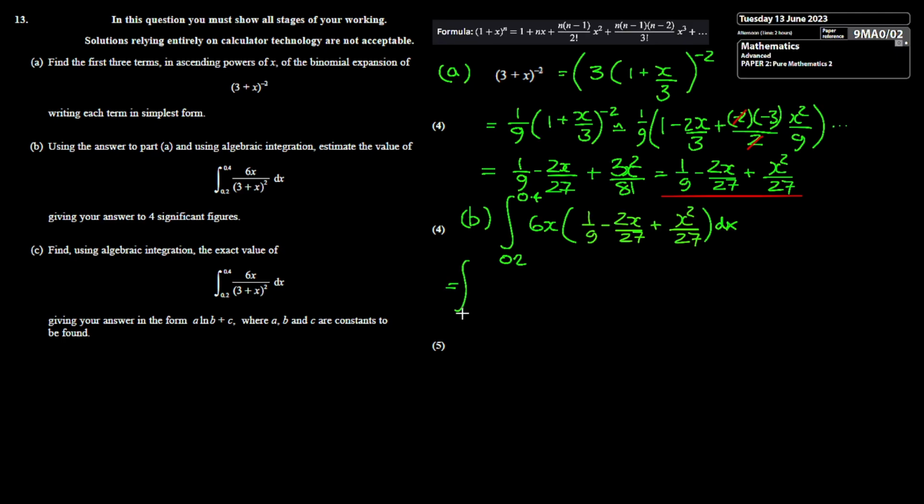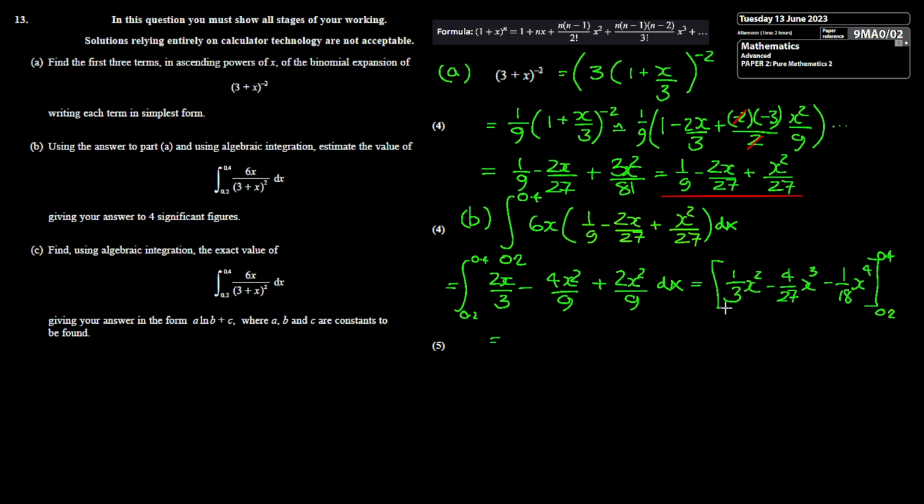So multiplying this out, I get the integral from 0.2 to 0.4 of 2x over 3 minus 4x squared over 9 plus 2x squared over 9 again. 3 separate terms.